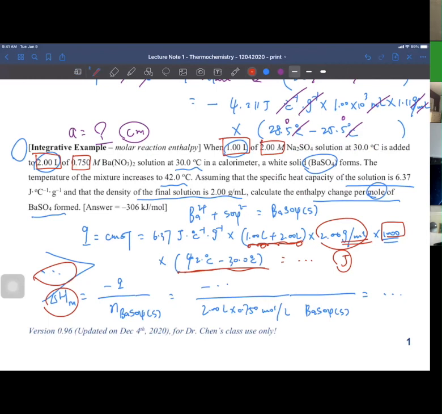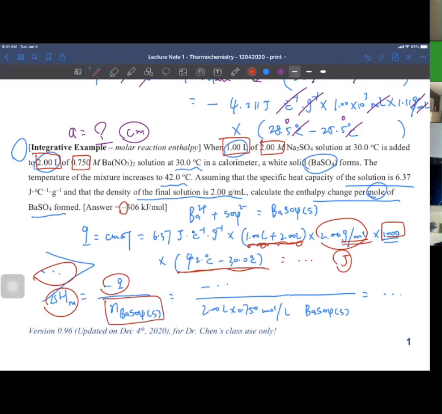So the reaction system loses energy. The energy is from the precipitation process, right? So this is why delta H equals negative Q. So the final answer, the sign, plus or minus, shows whether it is an exothermic or an endothermic reaction. You also need to pay attention.